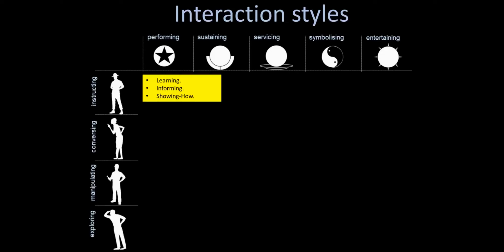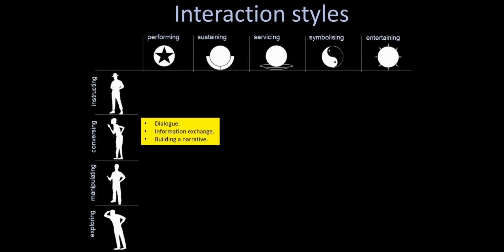Then with the interaction styles, according to the literature, there are basically 4 interaction styles. The first one is called instructing, which is focused on teaching someone how to do something. So we are learning something or informing someone, showing how to do things.